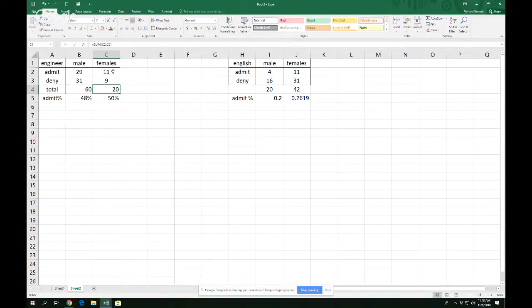Okay. What happened here? Okay? So you can see that, yes, there was discrimination, but it was benefiting women. Women were being admitted at a higher rate in the engineering department and a higher rate in the English department. Okay? So this is what's known as Simpson's Paradox.